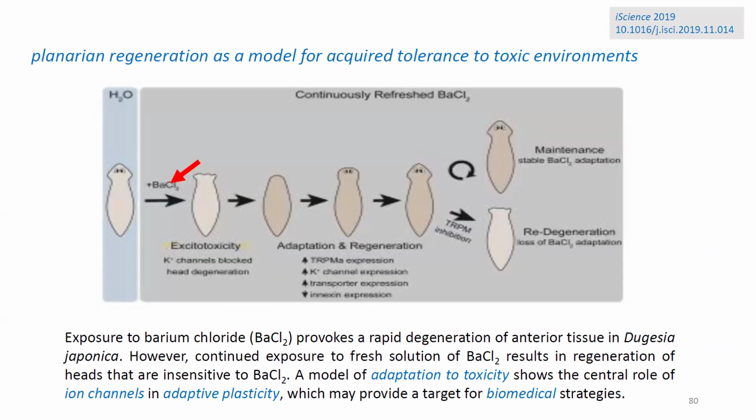To consider the final part of these examples we have explored with the model, we have the case of planaria and regeneration and acquired tolerance to toxic environments. In this case, we consider the exposure of planaria to barium and try to explain the adaptation to toxicity after some time has passed.